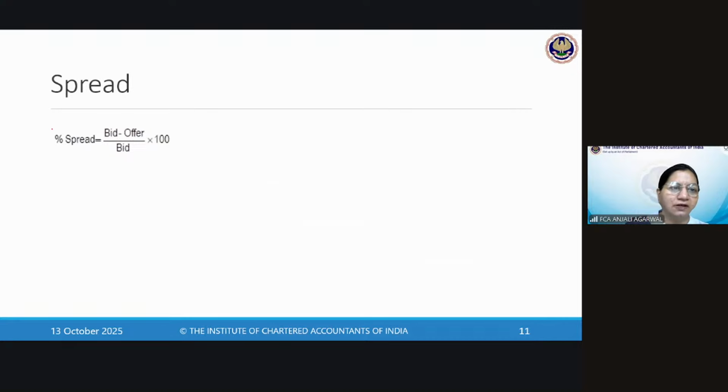So this is the formula to calculate the spread. In the previous question, if you look at it, rupee per dollar, the rates quoted were 88.30 / 88.70.